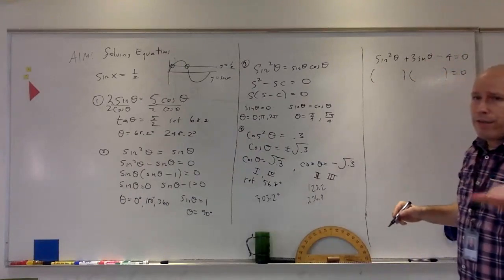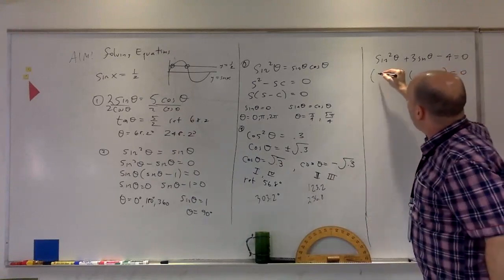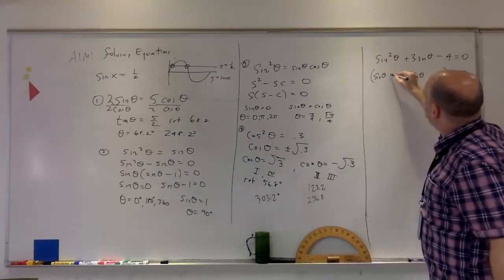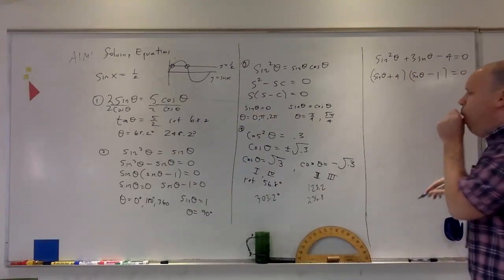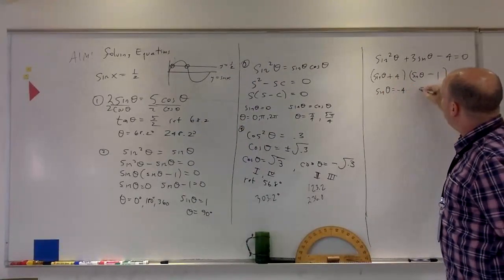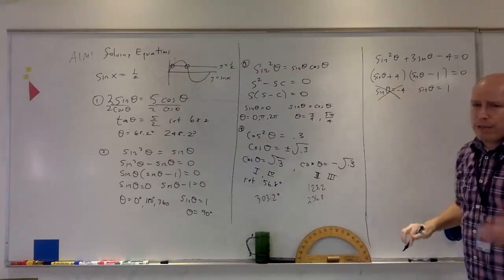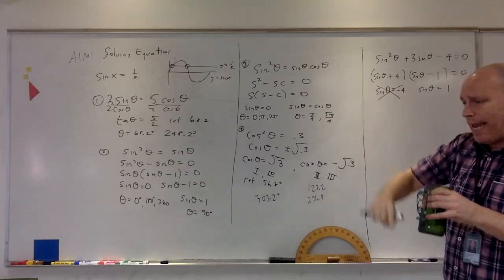If it's part 1, factor it; if it's part 2, use the quadratic formula, or just stick it in the GDC. So sine of theta plus 4, sine of theta minus 1. I have sine of theta equals negative 4, and sine of theta equals 1. Well, negative 4 is out, because the amplitude of sine of theta is from 1 to negative 1.